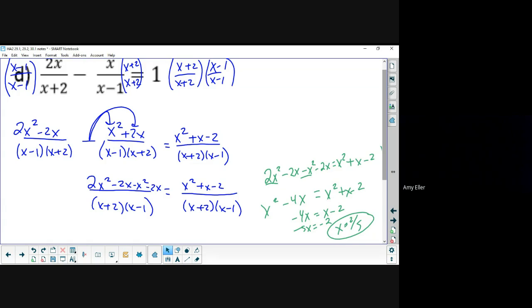Did I make a mistake? Yeah. When I did the subtraction, I left it as 2 instead of negative. Yeah. Cool. Yeah, so you would do the one, it doesn't change anything.